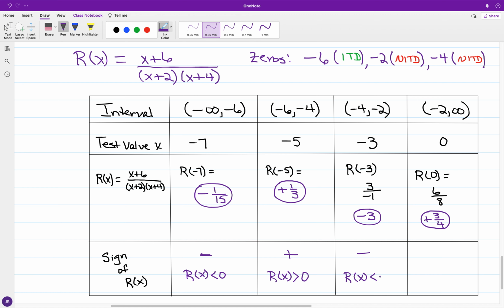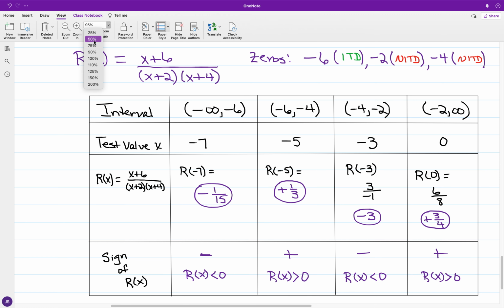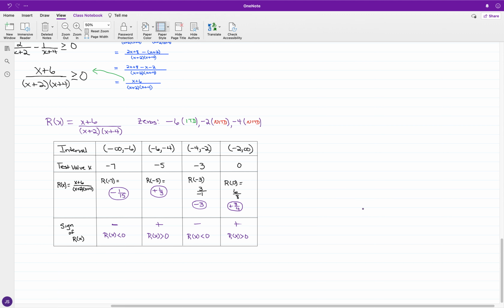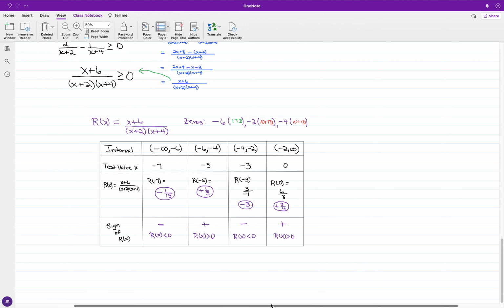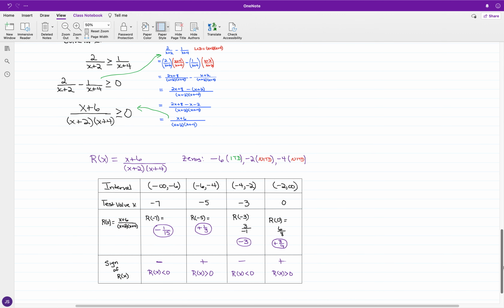Then r of x is less than 0, and anything selected higher than -2 for the input, the output is going to be positive. So r of x is greater than 0. Now just sizing up how these conditions will be applied to the original inequality.